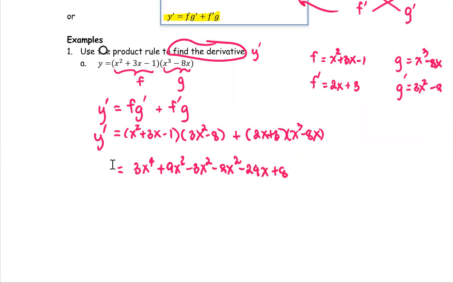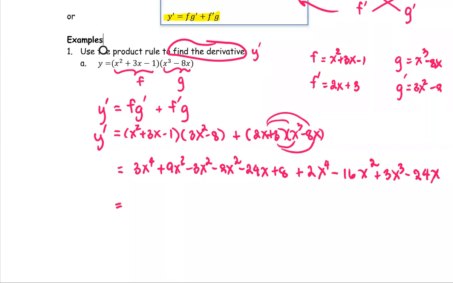Similarly for the second group, 2x times x to the third gives 2x to the fourth, minus negative 16x squared, and then plus 3x to the third, minus 24 multiplied by x. It looks very tedious. Next, we are going to collect like terms.